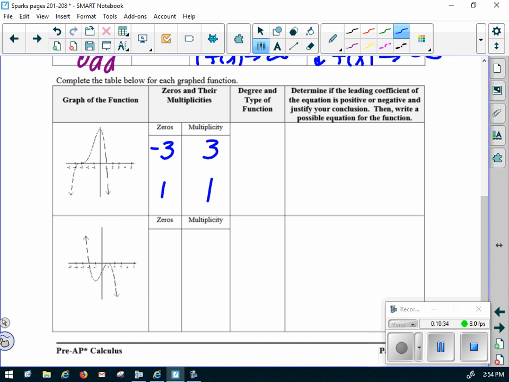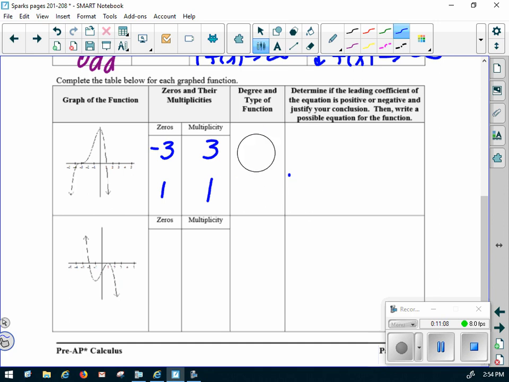Good. Degree and type of function. What's the degree? How do you know it's quartic, or degree 4? Good. The sum of the multiplicities is 4. Type of function. You said it was quartic. Determine if the leading coefficient is positive or negative and justify your conclusion. Then we'll do the other part.